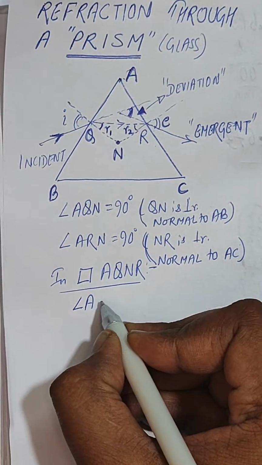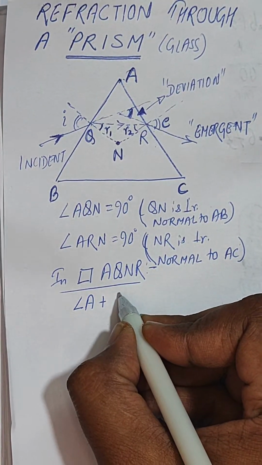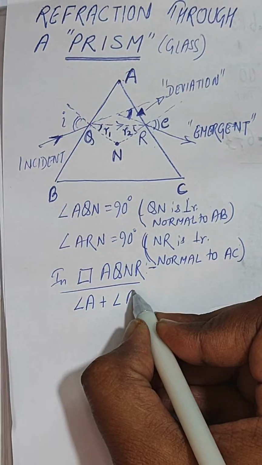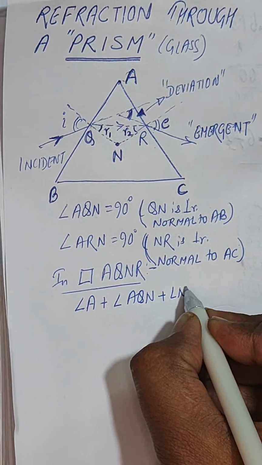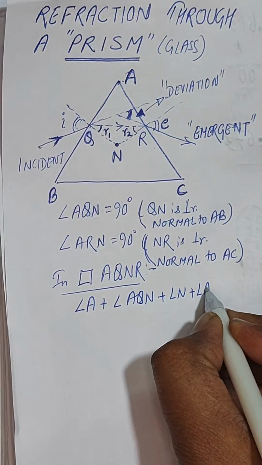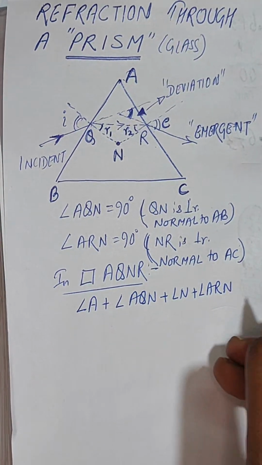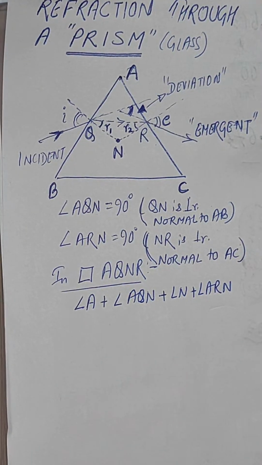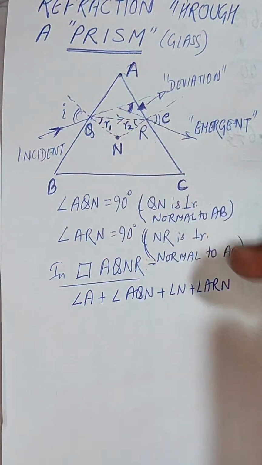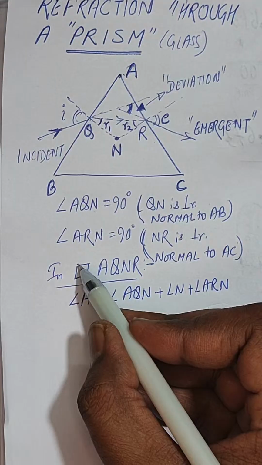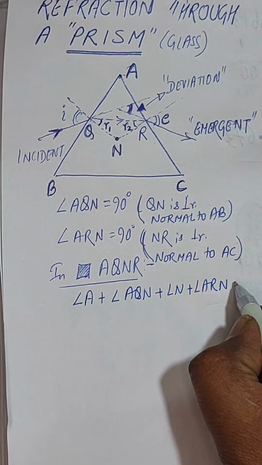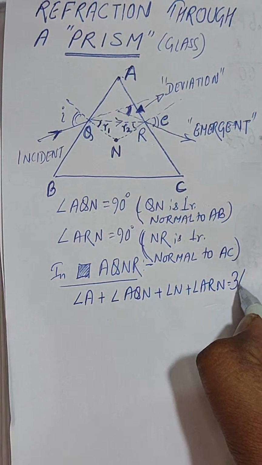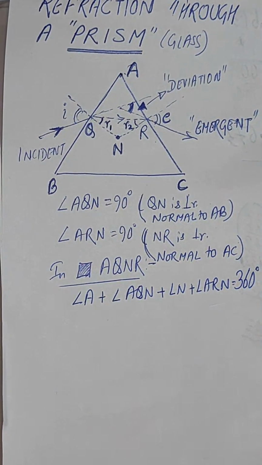angle A plus angle AQN plus angle N plus angle ARN, all this will be added together, and you know, the sum of all the angles of any quadrilateral is equal to 360 degree, isn't it?